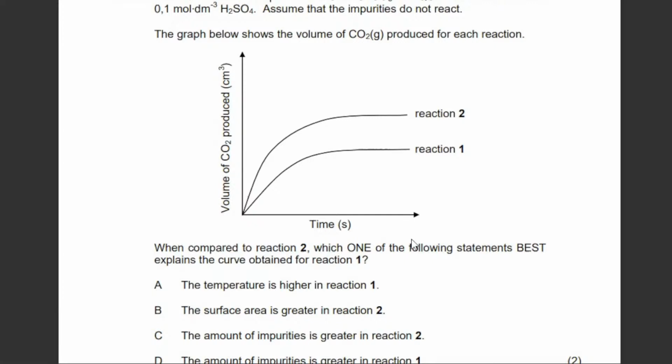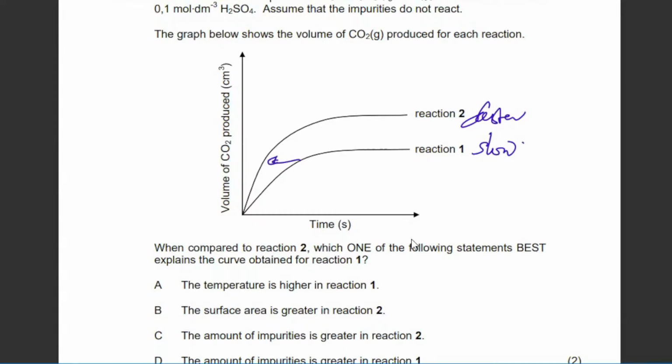Before we go that far, you'll see that reaction 2 is faster than reaction 1. This one is slow. This one is fast. Why? Because it's more to the left. The more it shifts to the left, the faster the reaction is going to be.